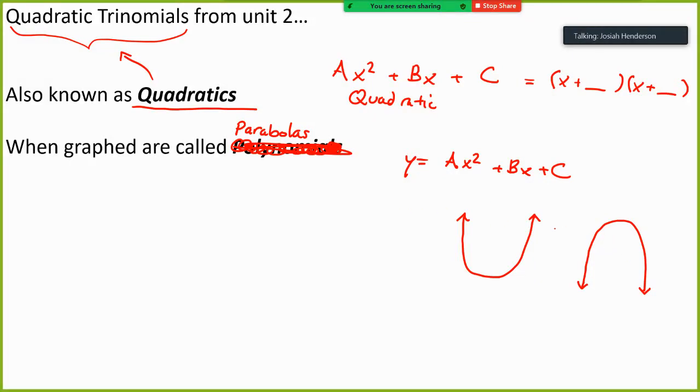We'll look at how to know the difference if it's an upward or downward facing one. But these are the parabola shape. Where it's coming from is graphing our quadratics or our polynomials that we've been working with in Unit 2. Any questions so far?